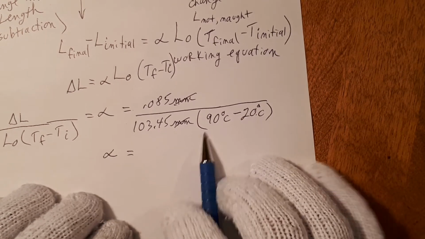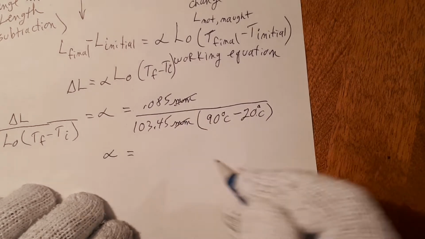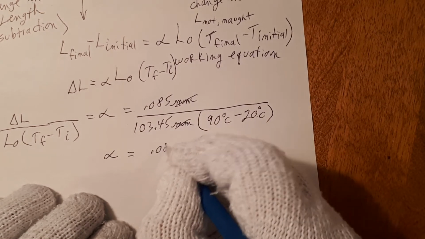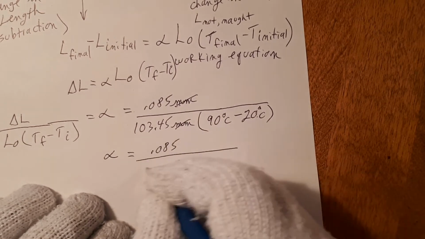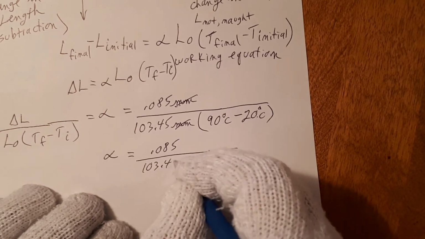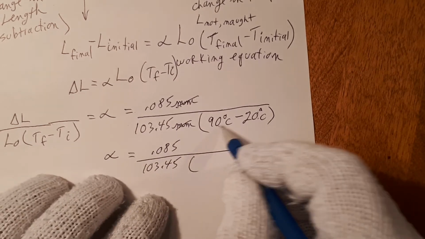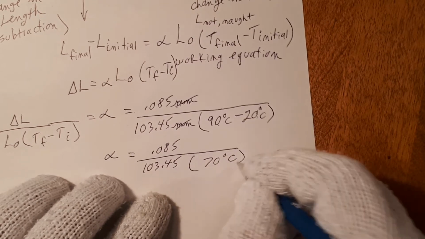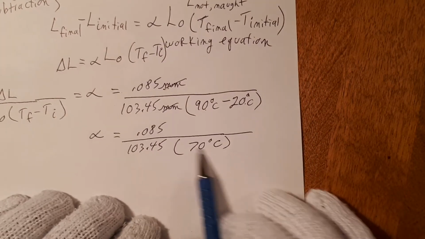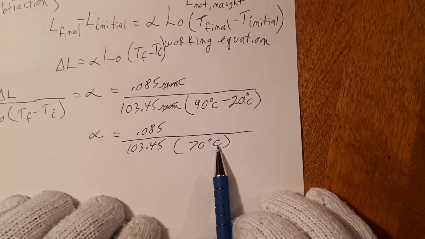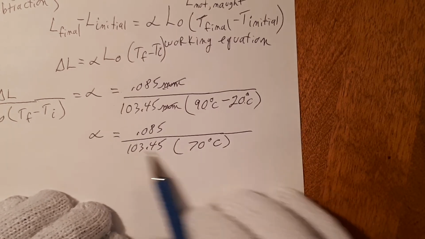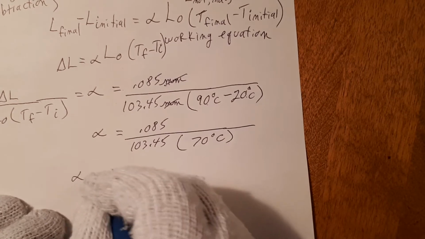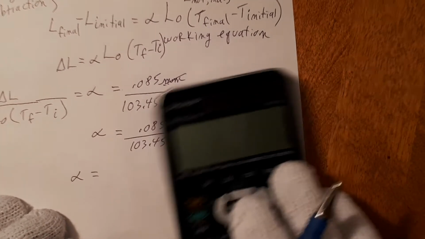So the equation looks like this: 0.085 divided by 103.45, and 90 minus 20 is 70 degrees Celsius. So the unit is going to be per degrees Celsius, since it's in the denominator. Let's do this calculation in our calculator.